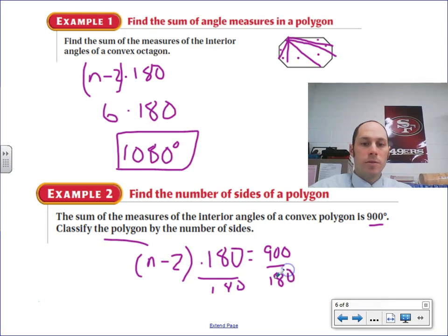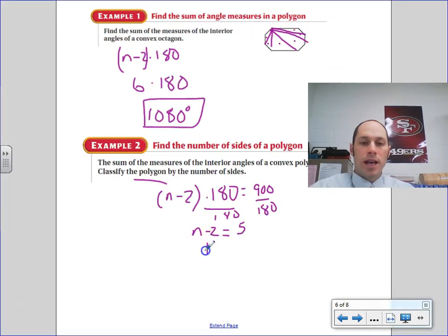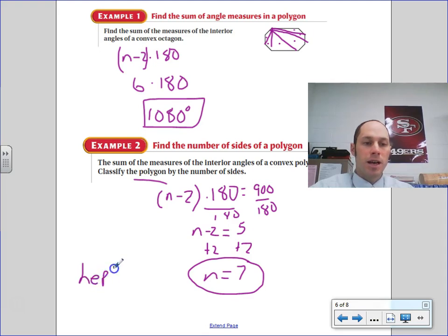And 900 divided by 180 will tell me how many triangles are in this figure. So n minus 2 will equal, what is that? 5. So 900 divided by 180 is 5. So then I add 2. There's 5 triangles in the figure. So that must mean that there are 7 sides in the figure. So that would be a heptagon. Heptagon has 7 sides.